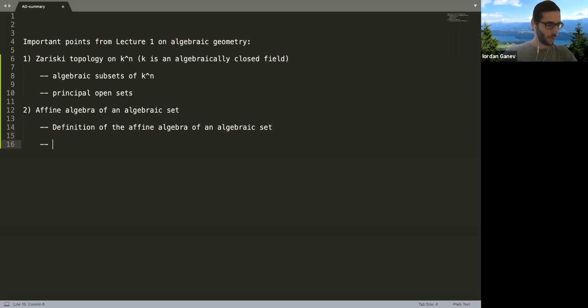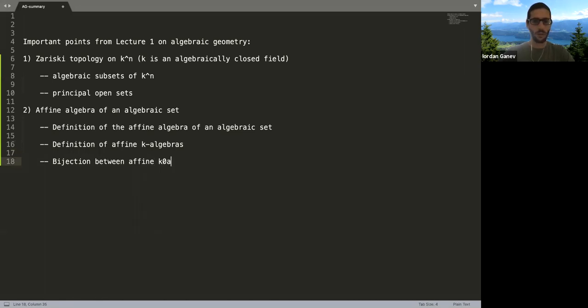There was also the definition of affine k-algebras in general. This was a finitely generated k-algebra, finitely generated as an algebra, with no non-zero nilpotents, so it's reduced. And we saw this bijection between affine k-algebras and algebraic sets.